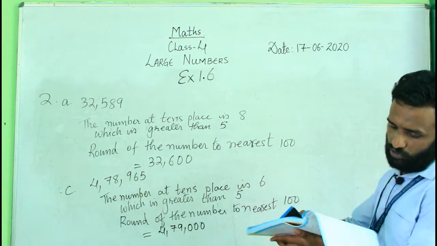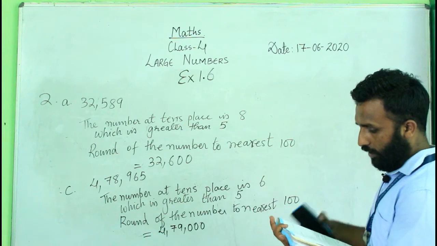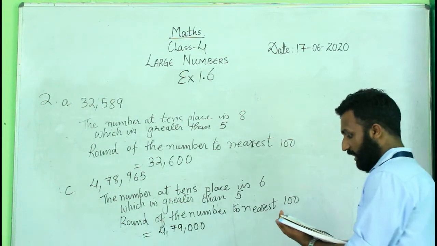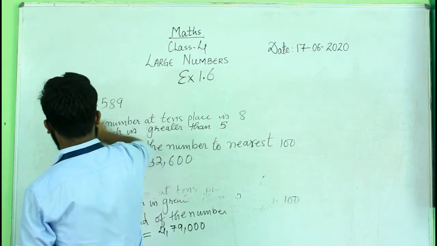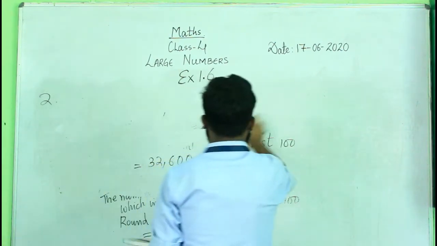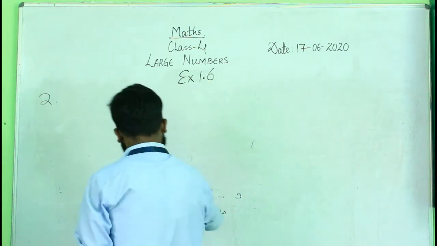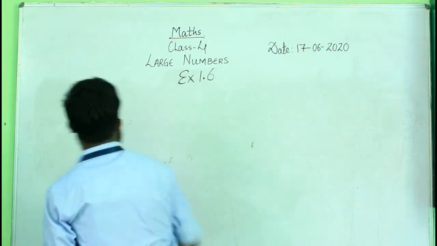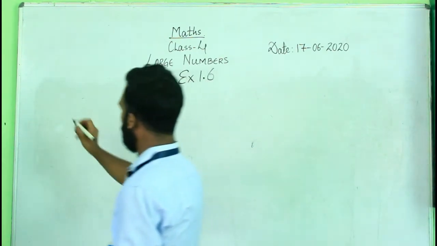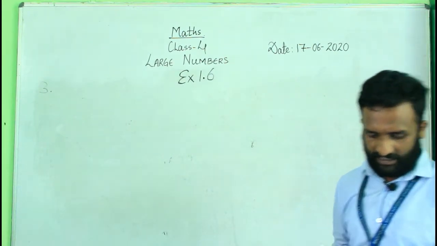Now let's go to question number 3. In question number 3 we have to round up the given numbers to the nearest 1000.